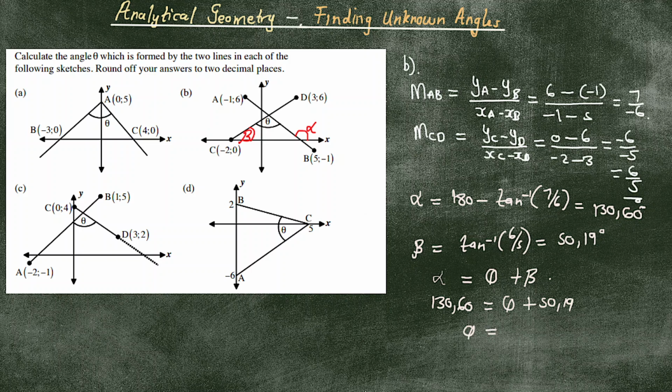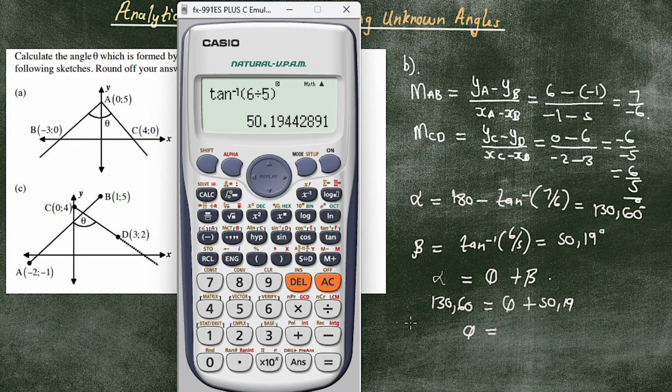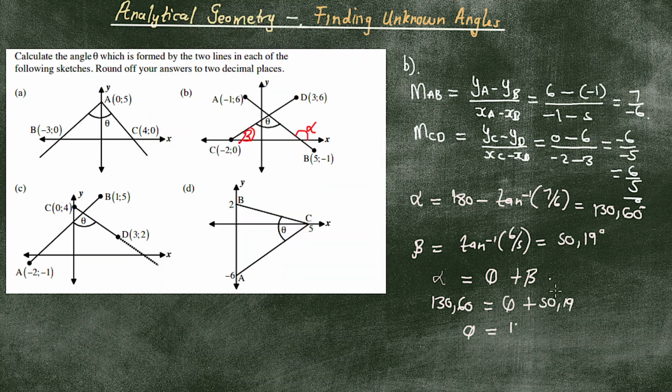Then theta is equal to 130.60 minus 50.19. So the answer is 80.41. Remember, we transpose the 50.19 to the other side, so it's 80.41. That is why I subtracted on the calculator.